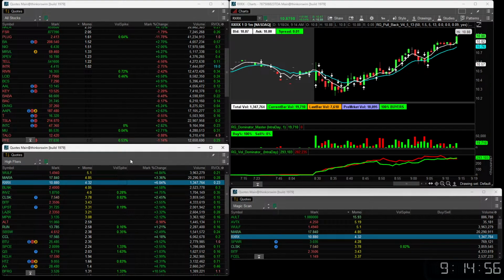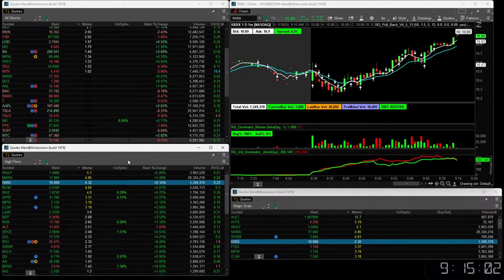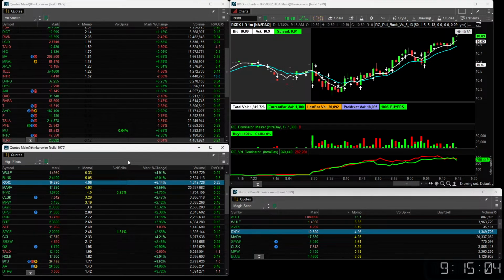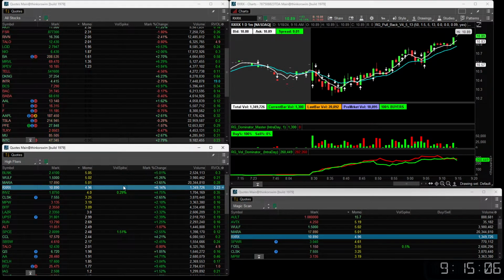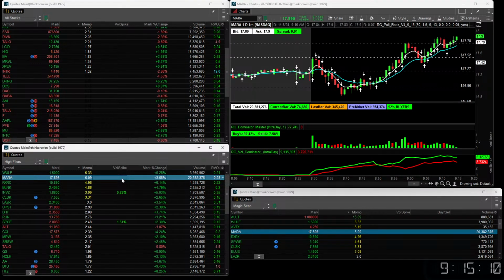So RX, slowly crawling up. I don't want slowly crawling up. I want action. See Mara jumping all over the place. It must be moving higher. It is.